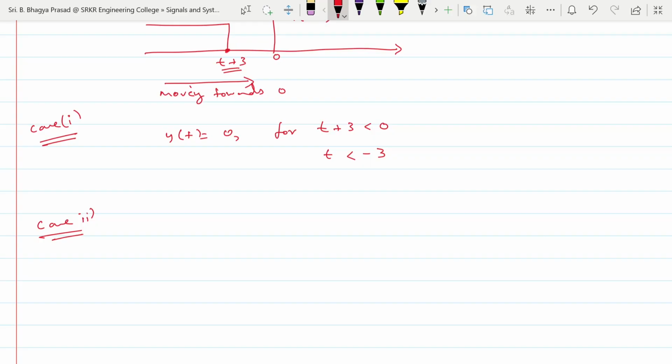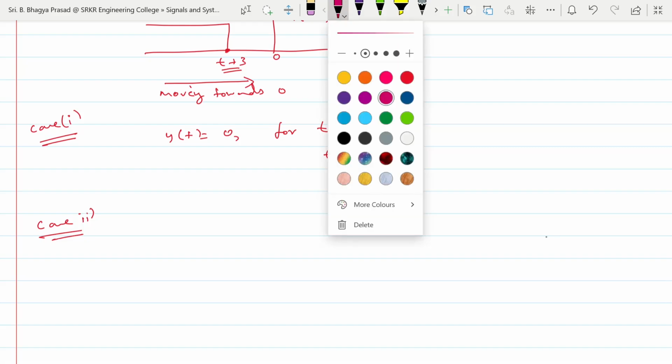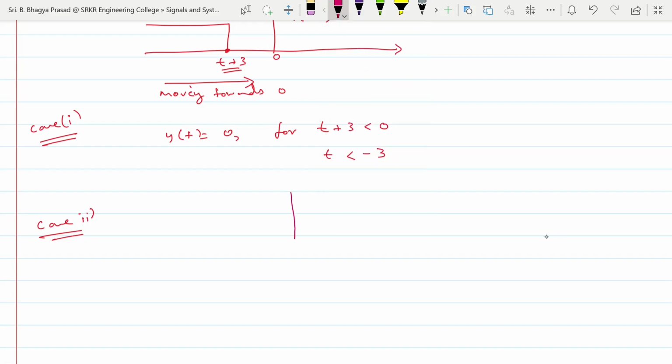Both are infinite time signals. One is moving towards the positive time axis and another one is moving to the negative time axis. So let us plot those two signals. Let us overlap both of them.